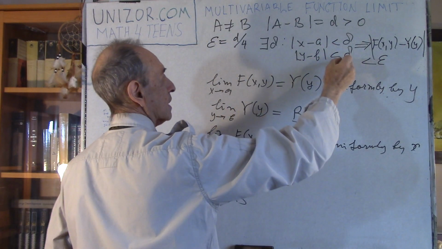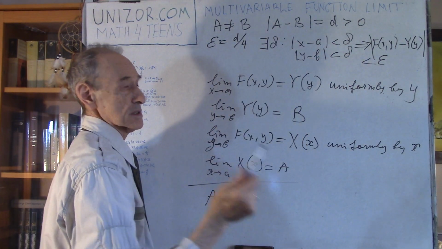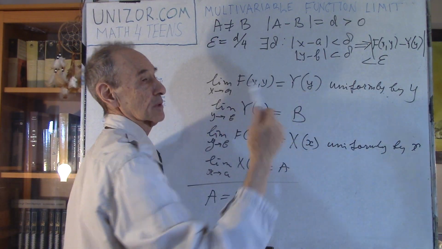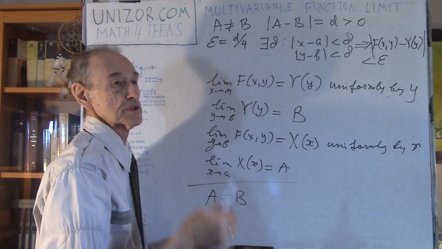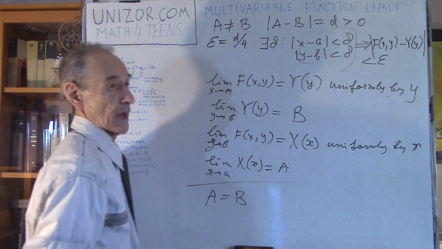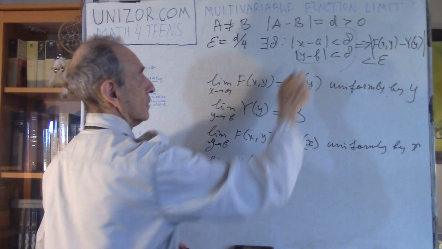Now I choose the same delta here and there because obviously I can have delta 1 for this and delta 2 for this, and then I take the minimum of delta 1 and delta 2, which means both of them are satisfied. That's why I choose the square instead of a rectangle around the limit point a, b.